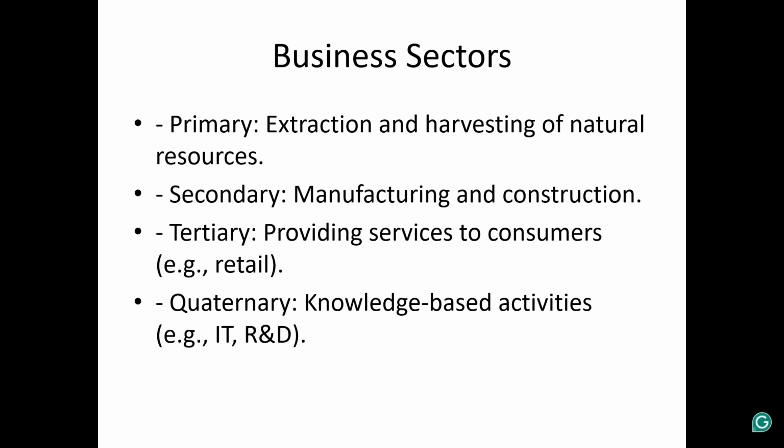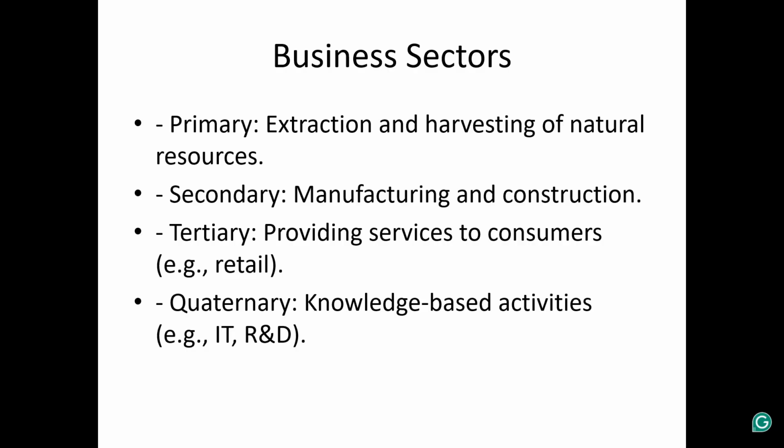Yeah. So let's move on to the next page. Business sectors. Okay, so this is a pretty simple topic. We have the primary, secondary, tertiary, and quaternary sectors. Primary is basically just getting the raw materials of natural goods, so wood or steel or anything in that sort of section.